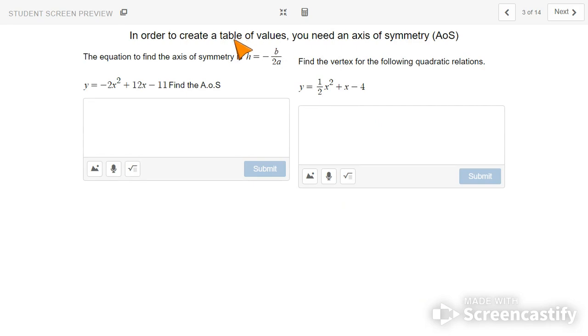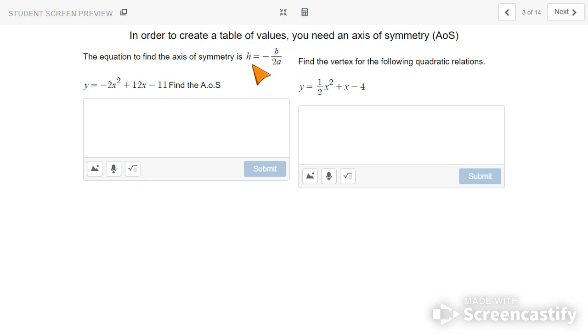Now, to go from standard form and find the axis of symmetry without needing to create a table of values, we have an equation here. The equation is h is equal to negative b over 2a. This gives us our axis of symmetry.